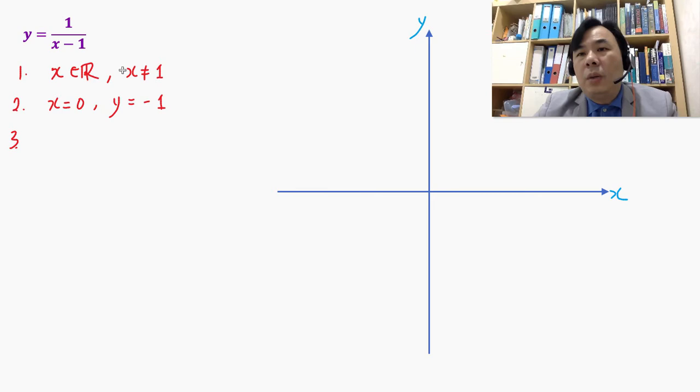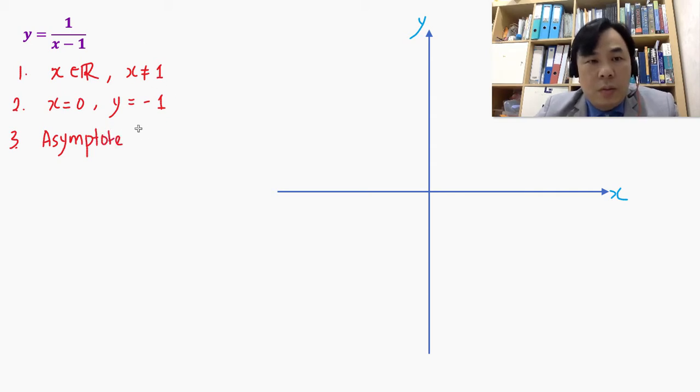So indirectly, we have already found the asymptote. We are looking at the vertical asymptote. The vertical asymptote would be x equal to 1.